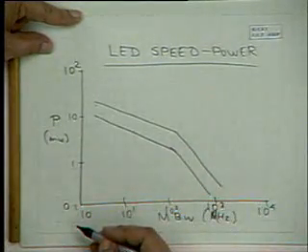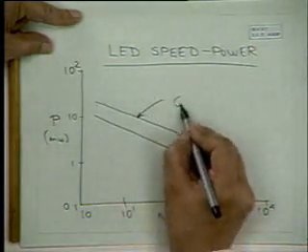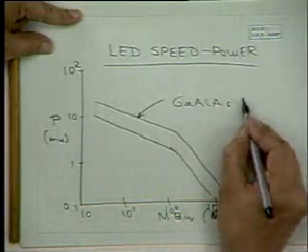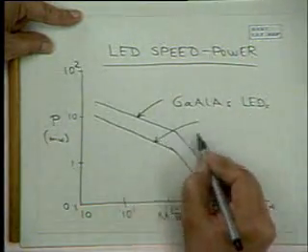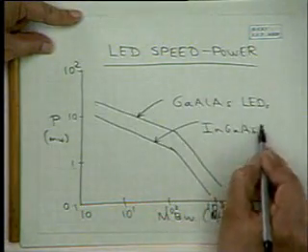So for example, these are for the most highly developed gallium aluminum arsenide, gallium arsenide LEDs, and these are for the indium gallium arsenide phosphide LEDs.